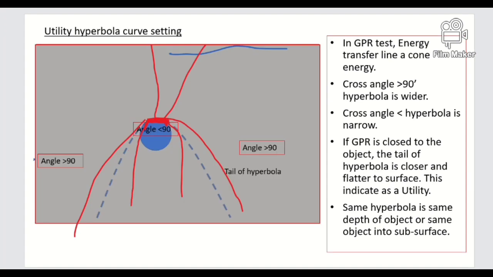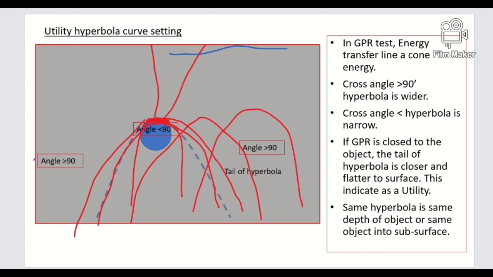If we have the same hyperbola here, and again here, and again here, the same hyperbola can mean the same depth, the same object, the same pipeline, or the same conduit in the subsurface.